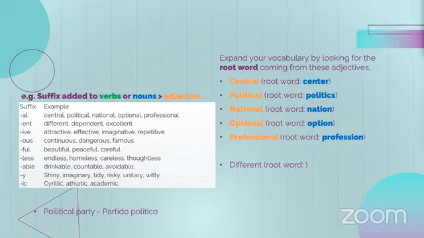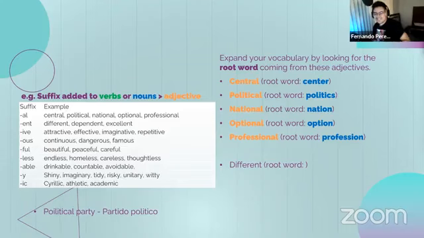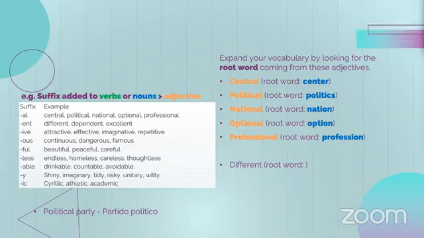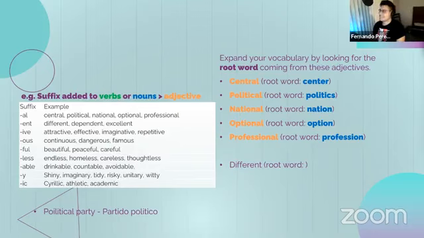We have seen it in previous videos, in previous vocabularies. What would happen if you remove the ent? Come on, say it.